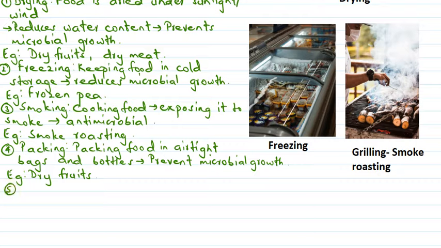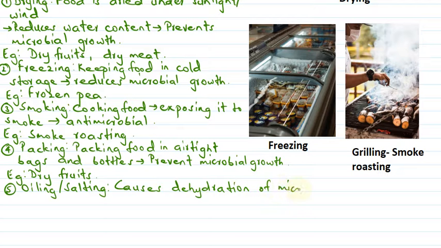Then the next method that we'll be discussing is oiling or salting. Oiling or salting causes the dehydration of microbial cells, so this prevents their growth.